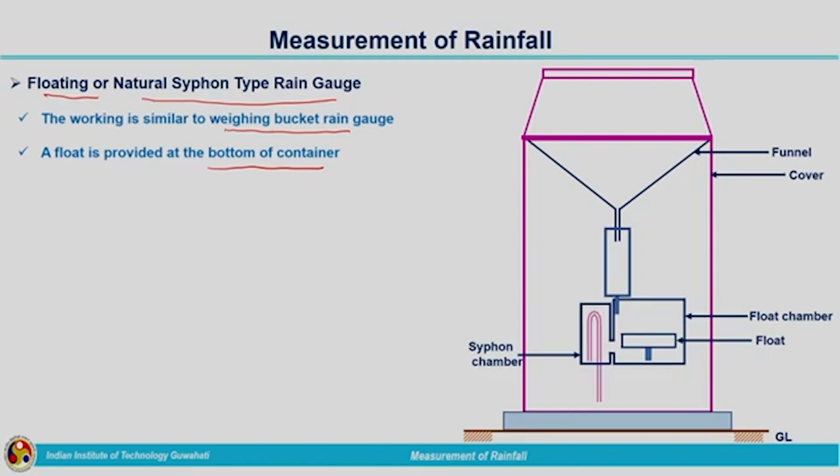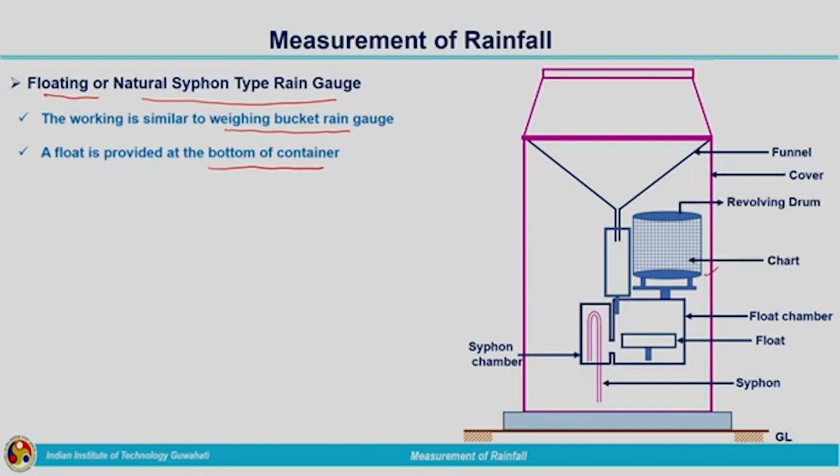Siphon is also installed near the float. As in the case of the recording type rain gauge with a chart, we have a chart here also. This is the revolving drum, and the revolving drum has the recording chart.